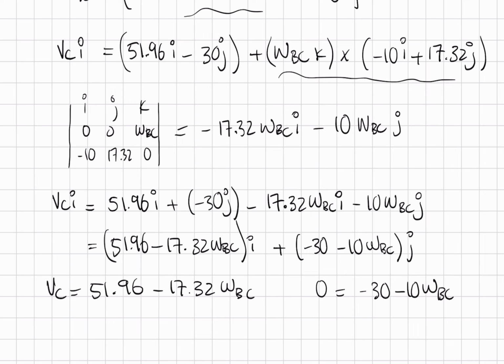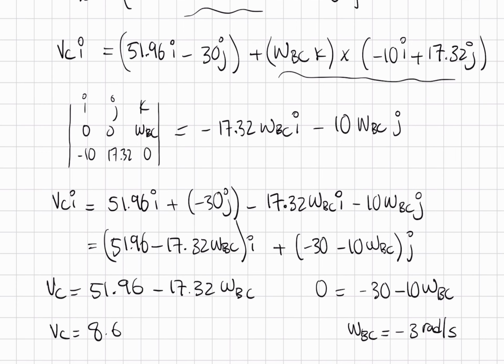So the equation on the right-hand side gives us omega BC is equal to minus 3 radians per second. And the equation on the left gives us VC is equal to 8.66 feet per second. And VC is going to the right-hand side based on the original angular velocity, and omega BC here is negative.